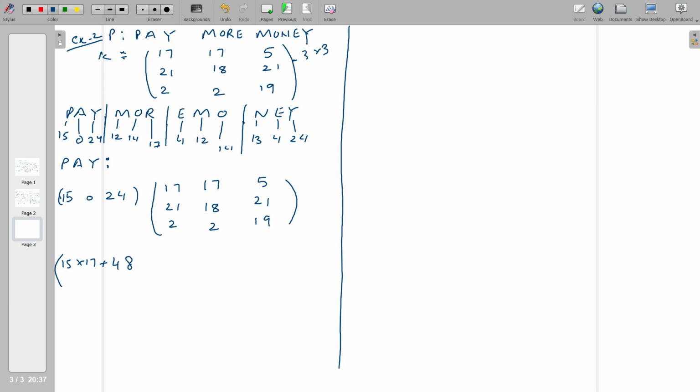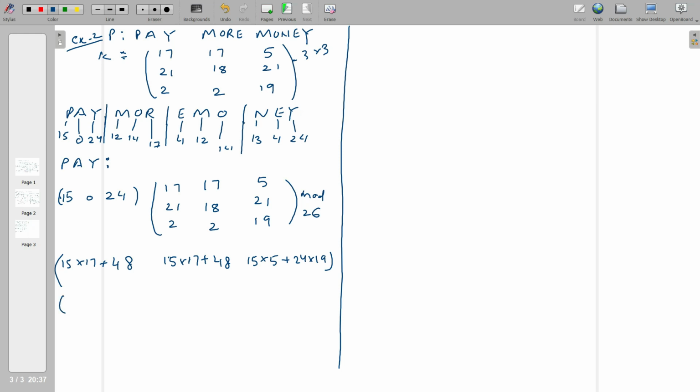Then 15 into 17, then 0 into 18, which I am not going to write, and 24 into 2, which is 48. The last one is 15 into 5 and 0 into 21, which I am not going to write, then 24 into 19, and this is mod 26 operation.